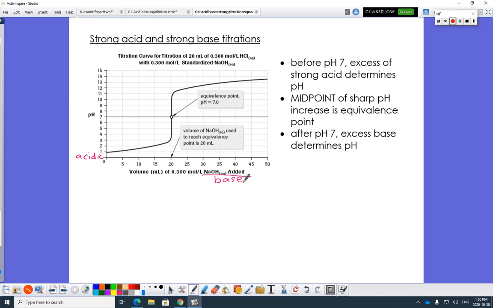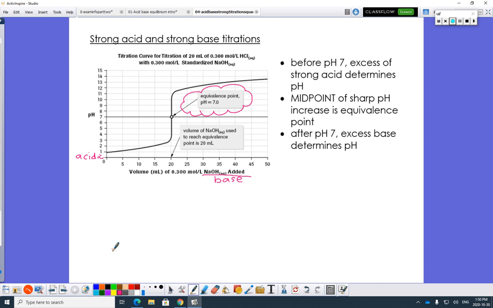So at equivalence point, this was on the, I think it was the first slide even of that note. At equivalence point, you get a perfectly neutral solution. So pH is 7.